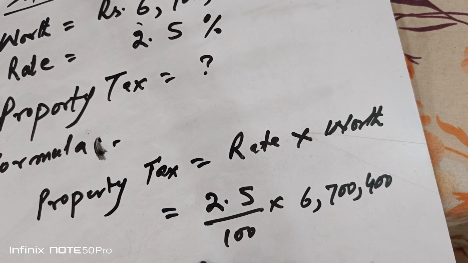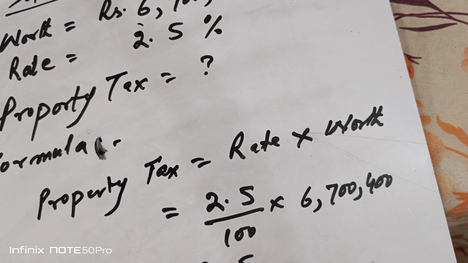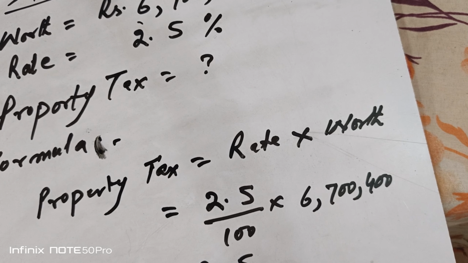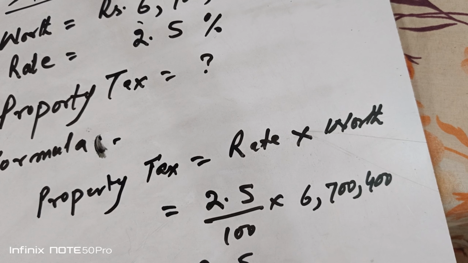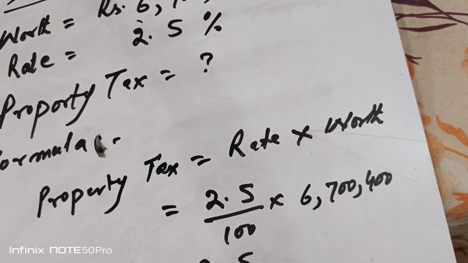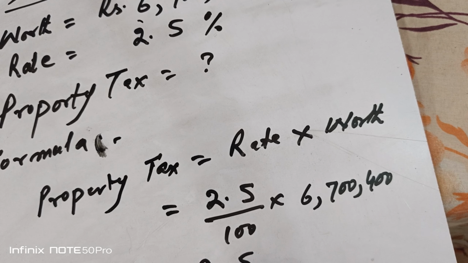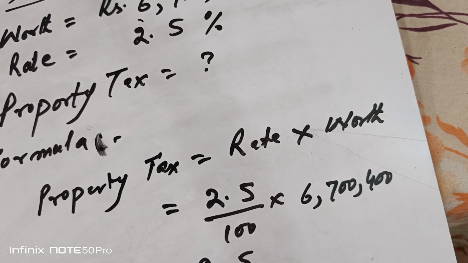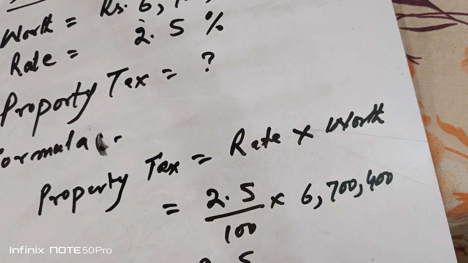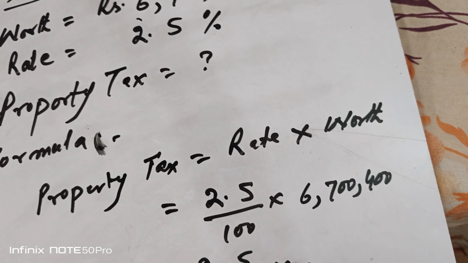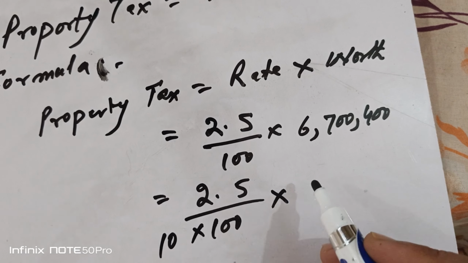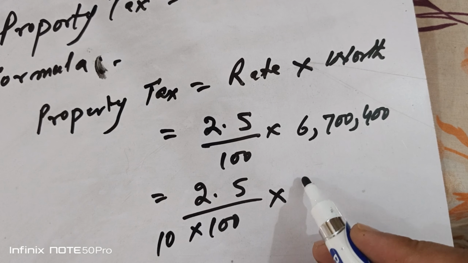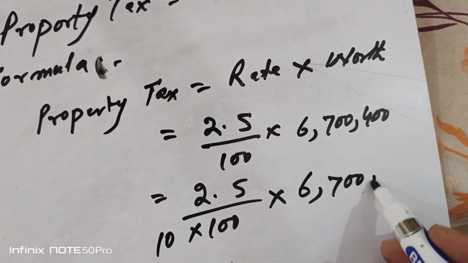So in place of this decimal and 5, we will write 10. In place of this decimal we will write 1, and in place of this 5 we will write 0. So now it is 25, because of this 10, and multiplying this amount again, 6,740.